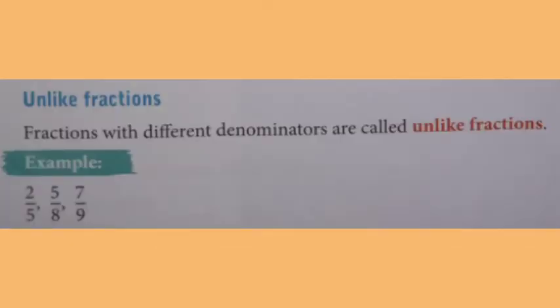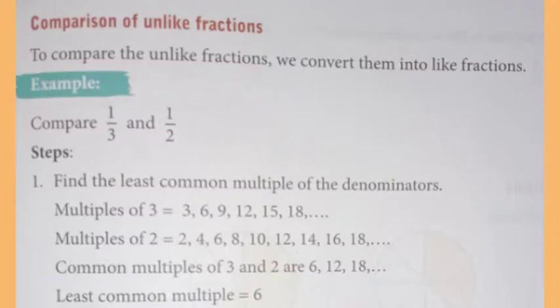Unlike fractions. Fractions with different denominators are called unlike fractions. Example: 2/5, 5/8, 7/9. Comparison of unlike fractions. To compare unlike fractions, we convert them into like fractions. Example: compare 1/3 and 1/2. Steps are: step 1, find the least common multiple of the denominators.